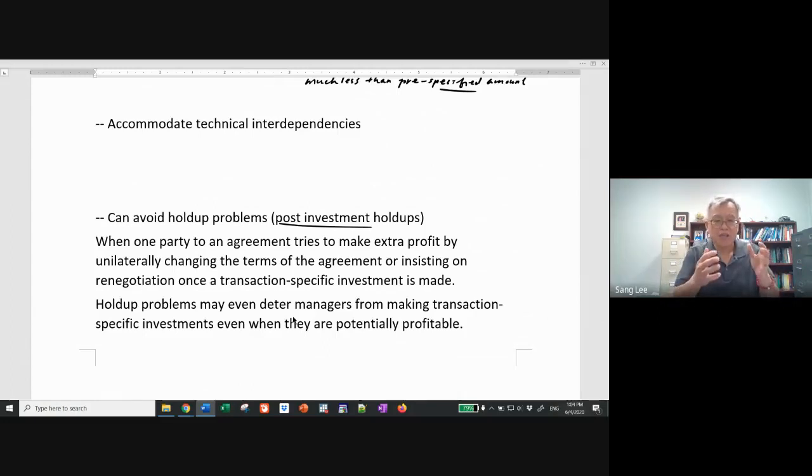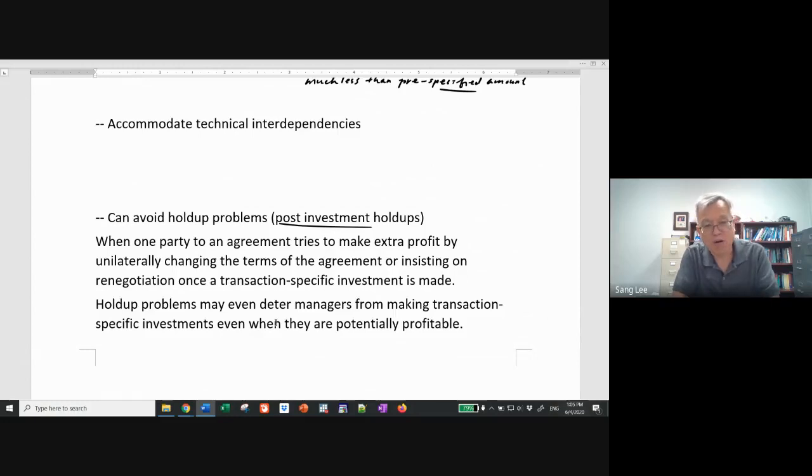So that means when two companies have market transactions at arm's length, two different independent companies, they sign an agreement because they believe the market transaction is beneficial to both companies. But sometimes after the agreement is signed by both parties, one party may have an incentive to gain extra profit at the expense of the other.